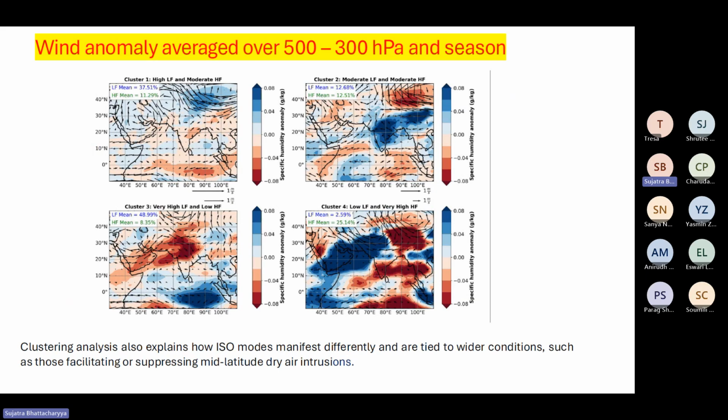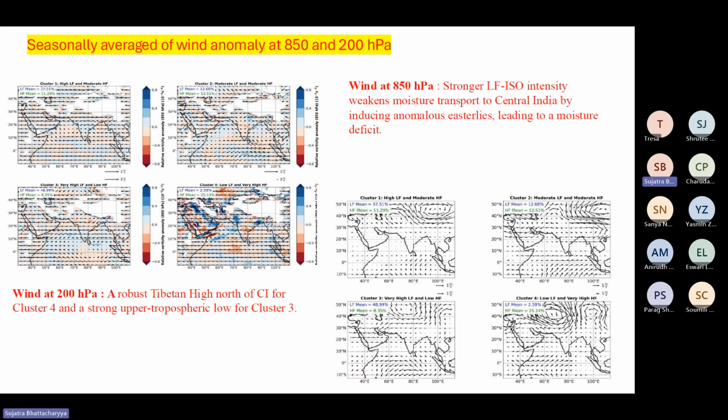He found in a trend analysis that in the past 2-3 decades, the intensity of LFISO is decreasing and it's been compensated by the intensity of synoptic disturbances.